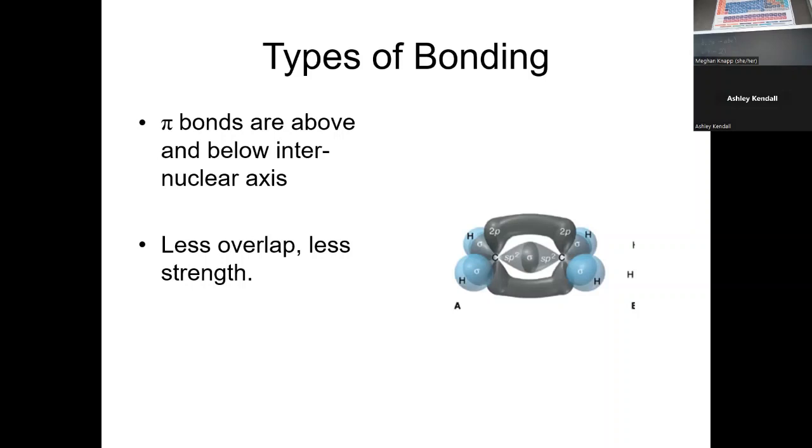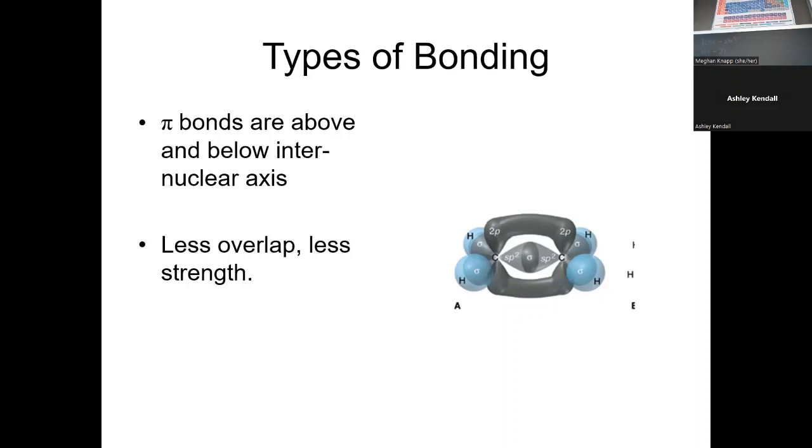Now, even though I have a top and a bottom to that, it's like a hot dog bun. The hot dog bun has a top and a bottom, or a side and a side, but it's just 1 bun. This is just 1 pi orbital. Pi bond. Sorry, pi orbitals are coming next. And this is 1 sigma bond.